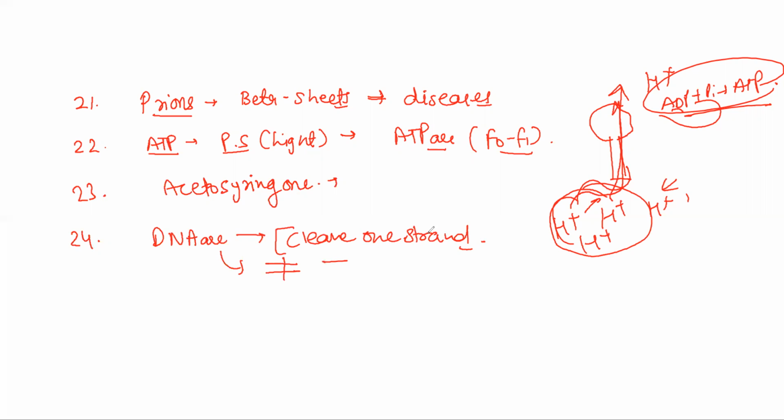S1 endonuclease generally cleaves only one strand, but DNase 1 cleaves both strands at a time. So this pair was incorrectly matched.